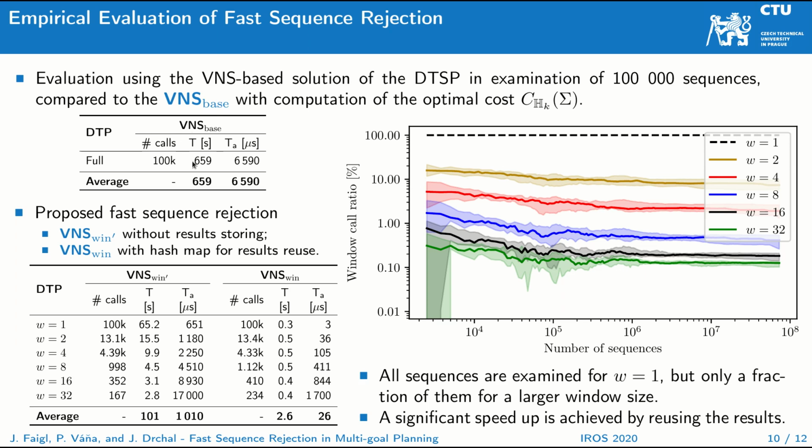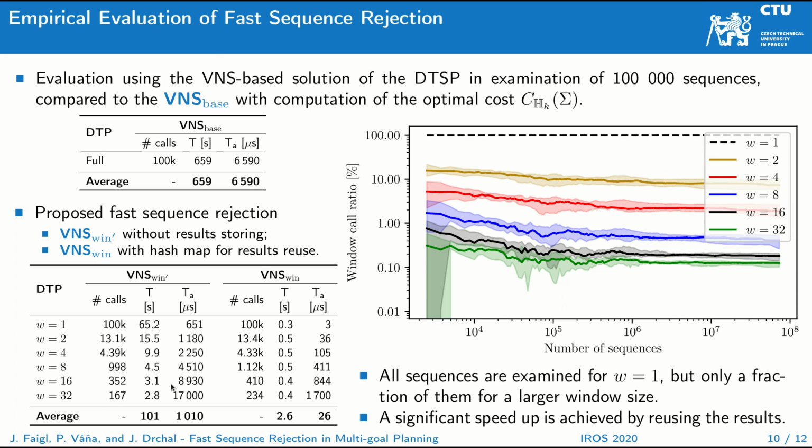For the proposed fast sequence rejection, we examine two variants, without storing the results and with the hash map for results reuse. What we can see is that for window size 1, we need to examine all sequences, which is not surprising. But it is quite interesting that most of the rejections are actually performed using the window size 1, even though the very large window 32 is more demanding than the true cost.